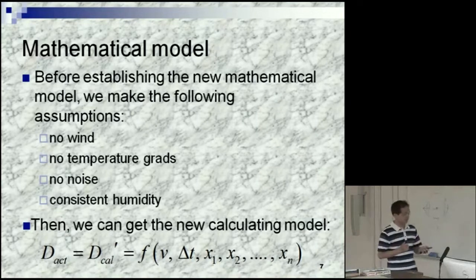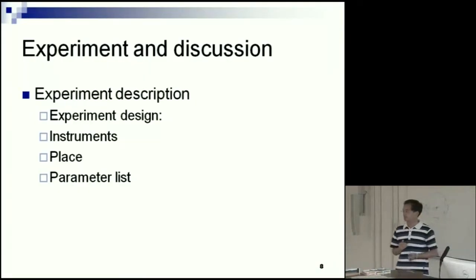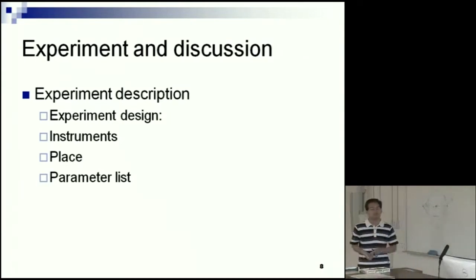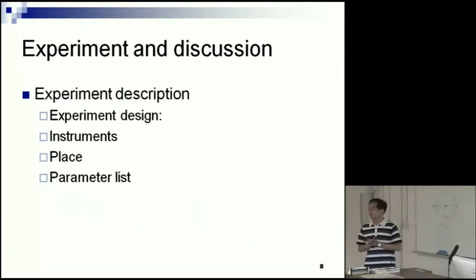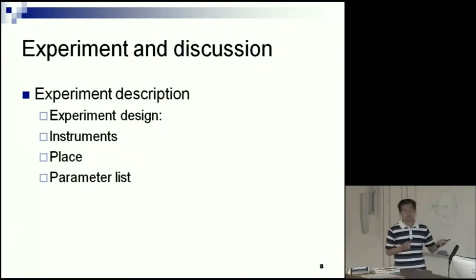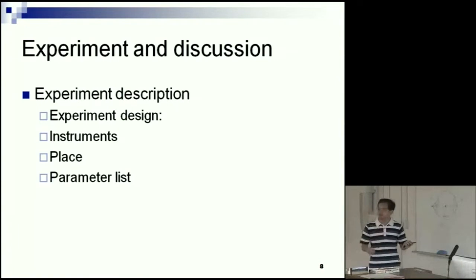So we need to experiment. We need to design the experiment. We need to list all the instruments we need in the experiment, and we need to inform the audience where we did our experiments, with all the parameters listed in tables.